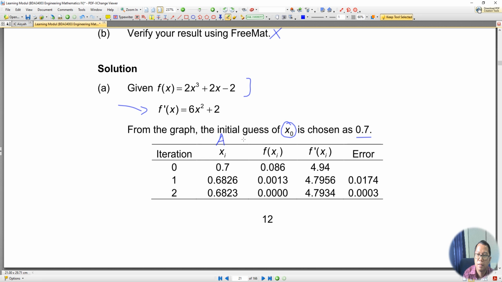So this is A, this is B, this is C. To get this number, you use A minus B divided by C. Using your calculator, A is 0.7, B is 0.086 and C is 4.94, and I believe you will get this value, 0.6826.